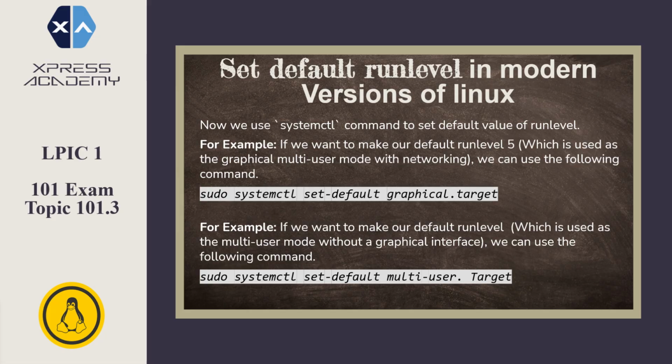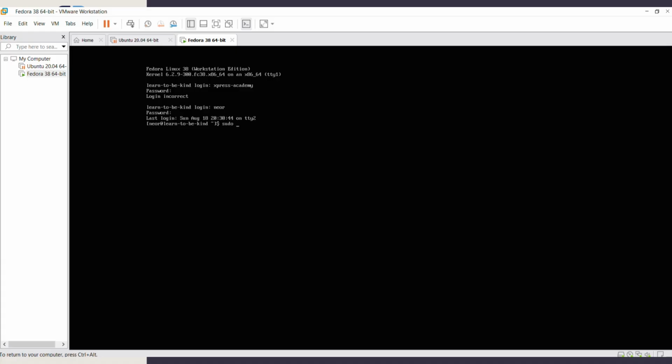Now we use the systemctl command to set the default value of run level. For example, if we want to make our default run level 5, which is used as graphical multi-user mode with networking, we can use the following command: sudo systemctl set-default graphical.target.